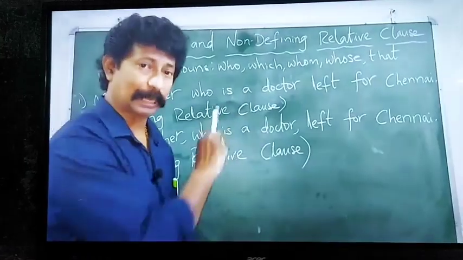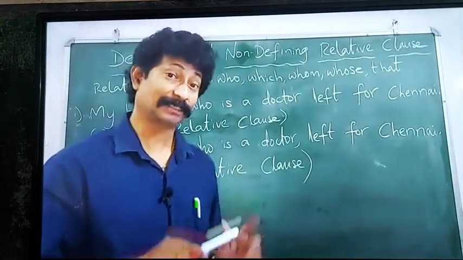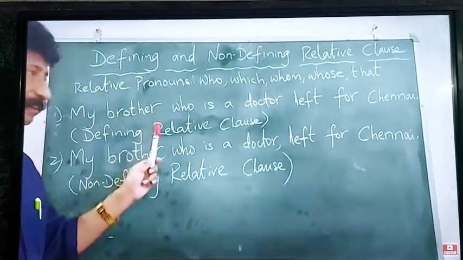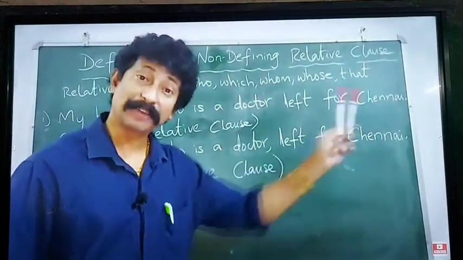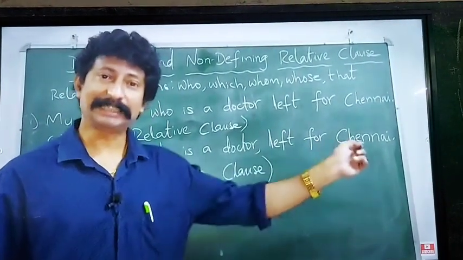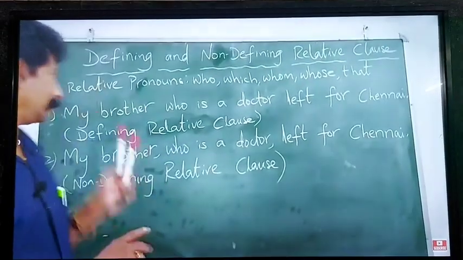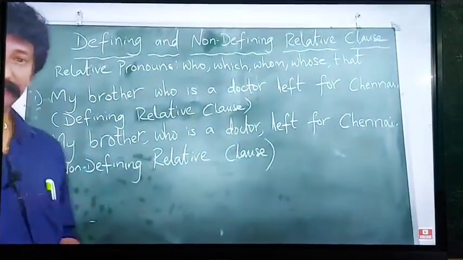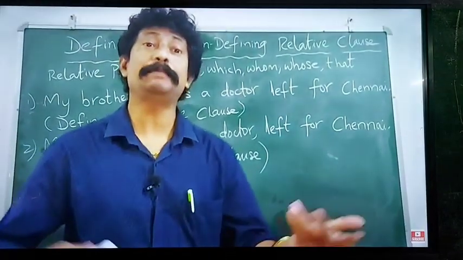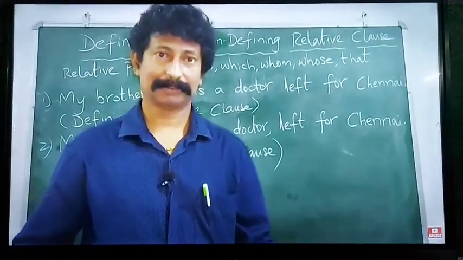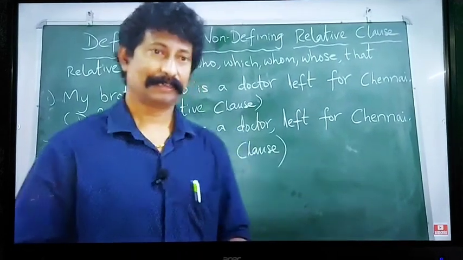Now take a look at an example here. What is a defining clause? My brother who is a doctor left for Chennai. This sentence falls under defining clause. Here, the subject is my brother. I may have many brothers, more than one brother.